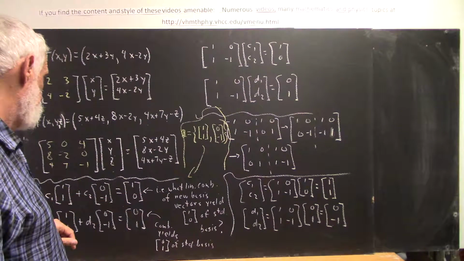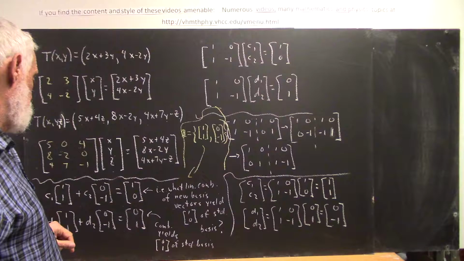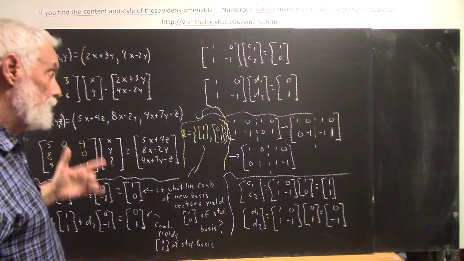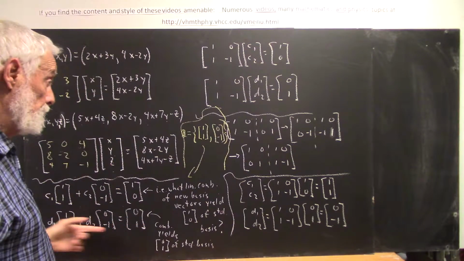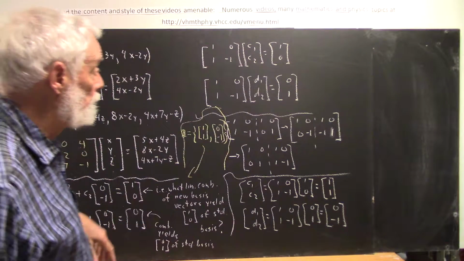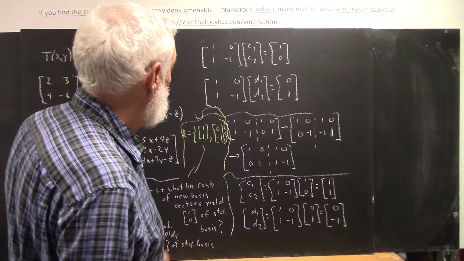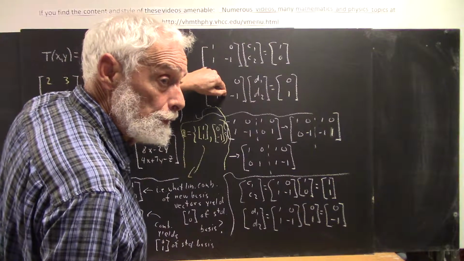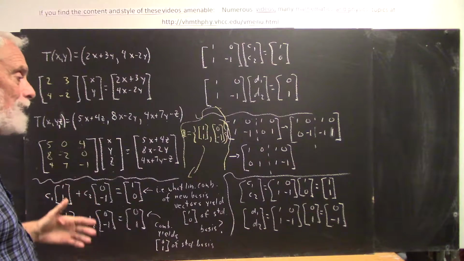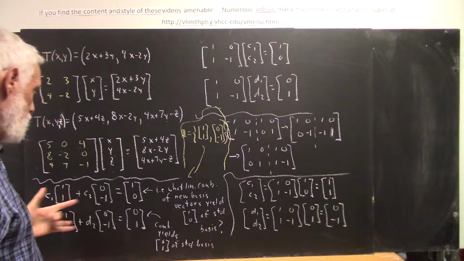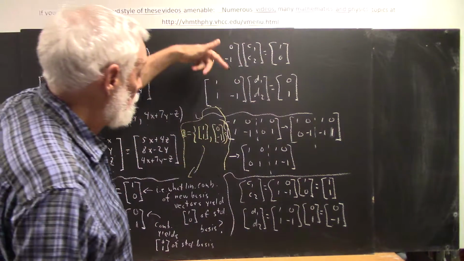And similarly, that this system is equivalent to this matrix equation, or vector equation if you wish. We have the same matrix both times because, of course, we're using the same basis vectors from this basis. Here, we're going to get those basis vectors in our columns.